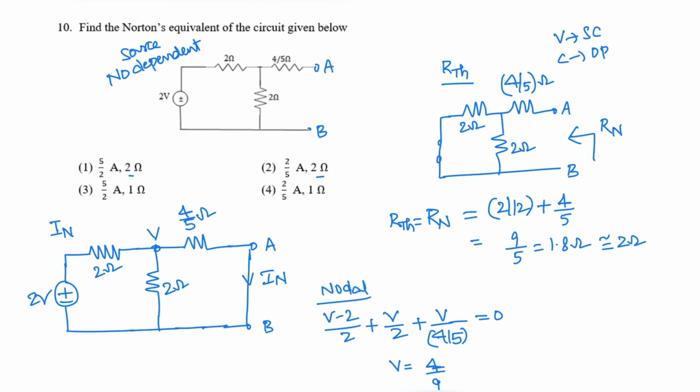So from this, the short circuit current ISC, Norton current IN, is V by this 4 ohm resistor. So its value is 0.55 ampere. So the correct option is 2. So that value of 2 by 5 is 0.4.